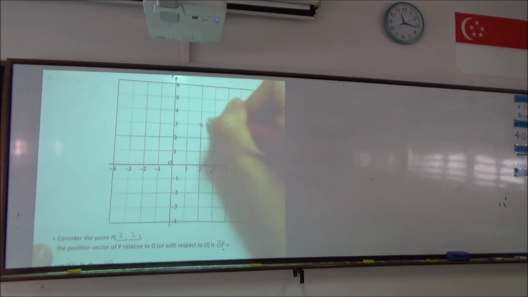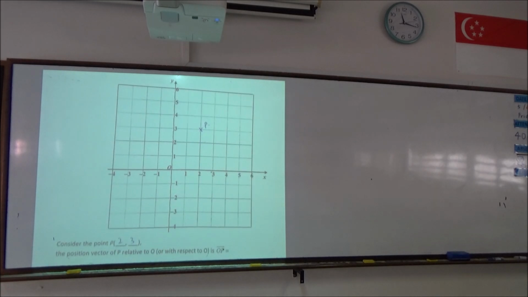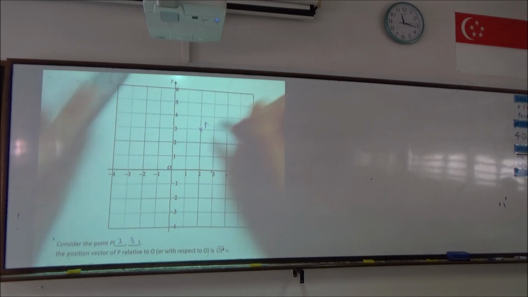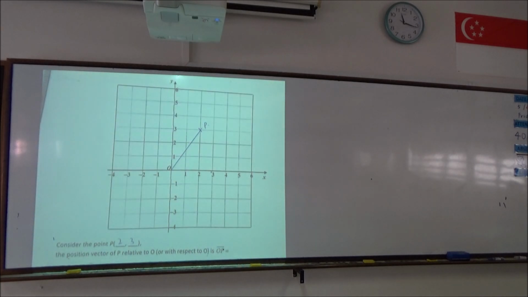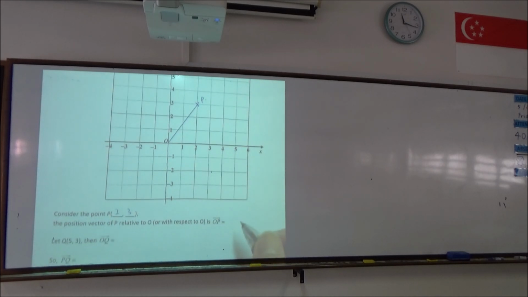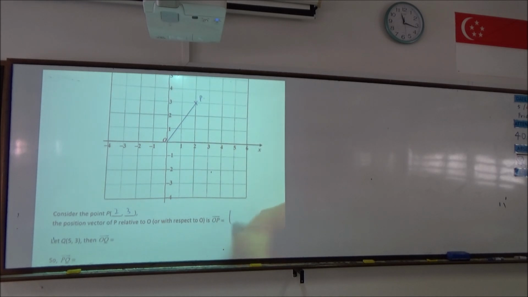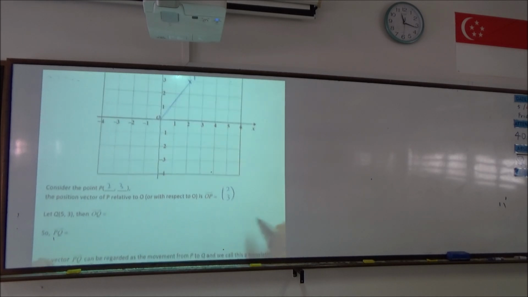That will actually be here. If I look at the point 2, 3 relative to O itself, we are looking at this vector. If I express it as a column vector, that will be 2, 3.